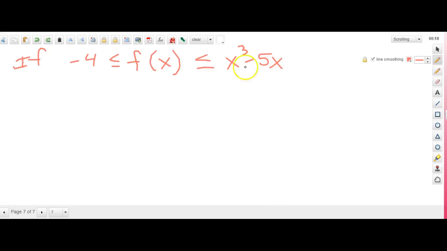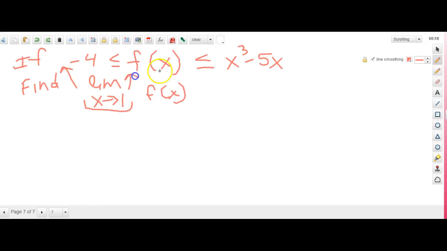So that's true. By saying if, it's saying if this is true, then find the limit as x approaches 1 of f of x. Well, since they didn't tell us a specific function, we don't have to make anything match, but we can put this limit in front of everything.